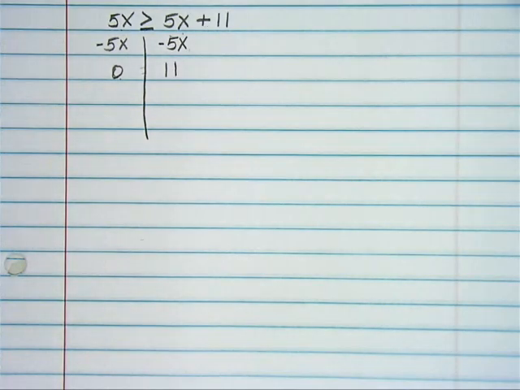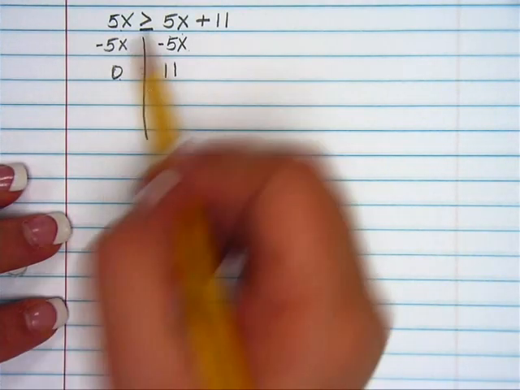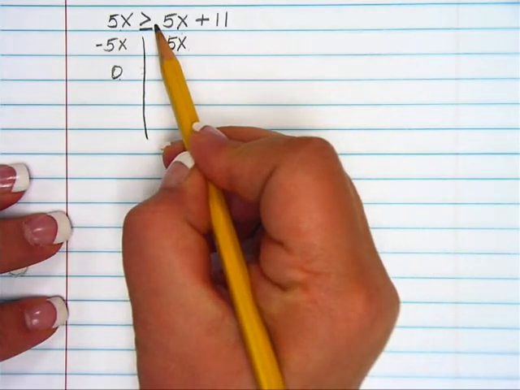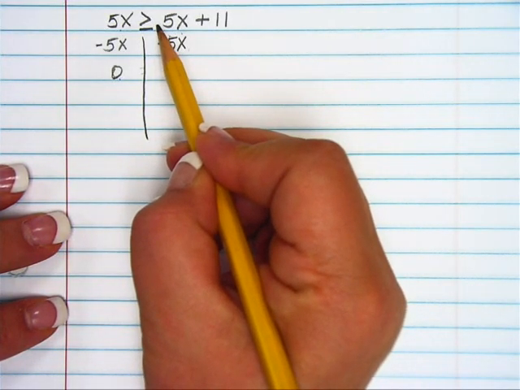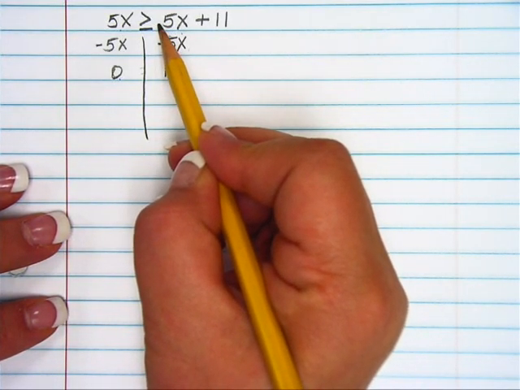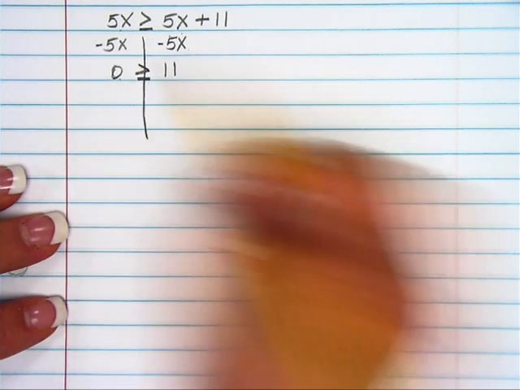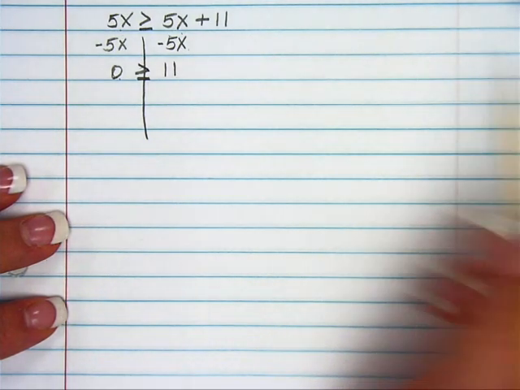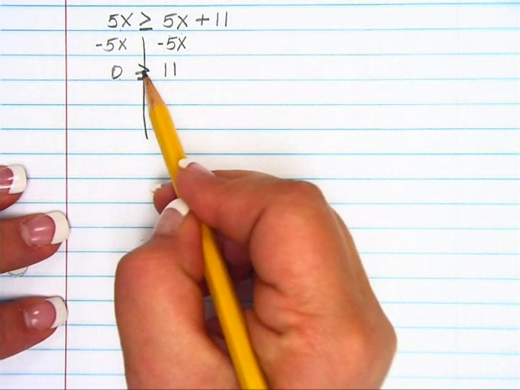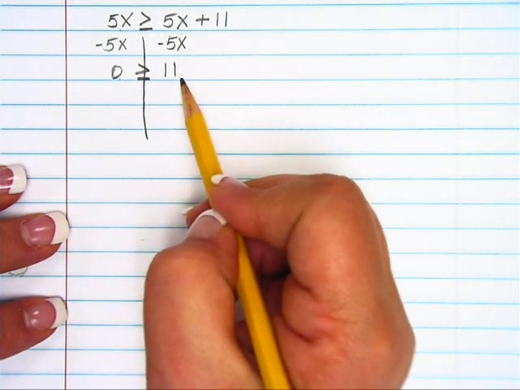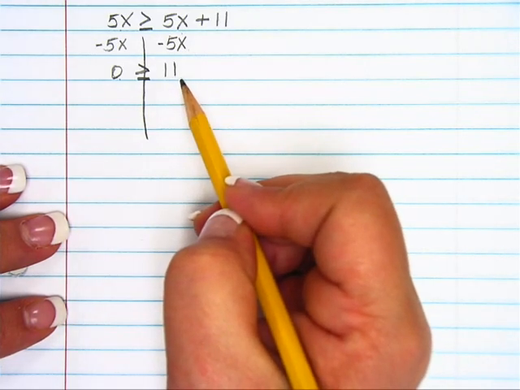But with inequalities, it's a little different. You have to look at what the inequality is telling you to do and then decide, is this a true statement or is this a false statement? So let's bring our inequality down. It says 0 is greater than or equal to 11. Is that ever true?